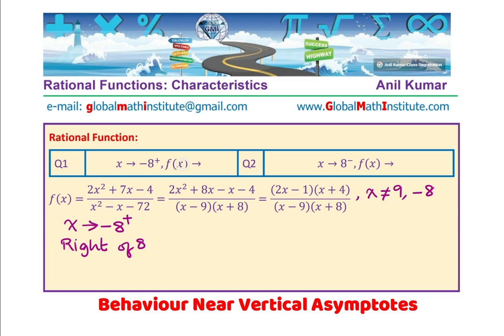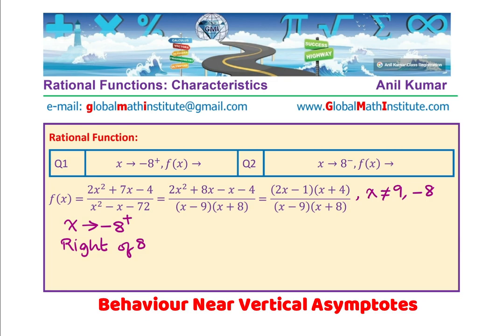Will it go towards positive infinity or negative infinity? This is what we are trying to see, correct? Perfect. So what can we do? Well, if I have a value which is slightly more than minus 8, let us say, minus 7. In that case, what are going to be the signs of each one of these? That is what we are interested in, right?